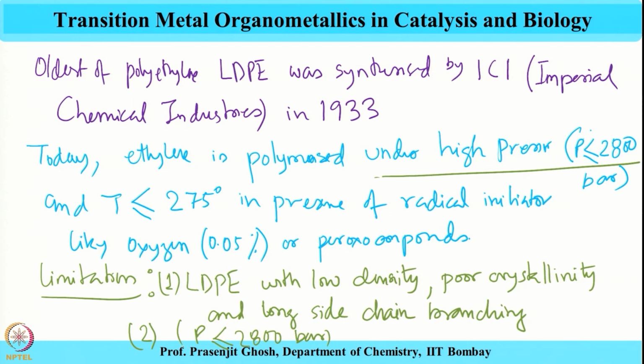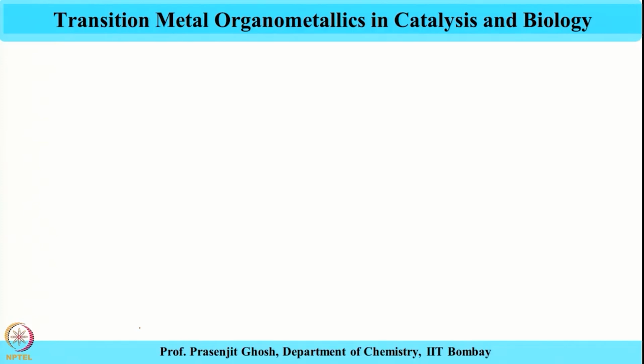However, later subsequently the Phillips process came into place, where in 1956, using a chromium trioxide catalyst, they could prepare polyethylene under much less pressure in a heterogeneous catalysis fashion.